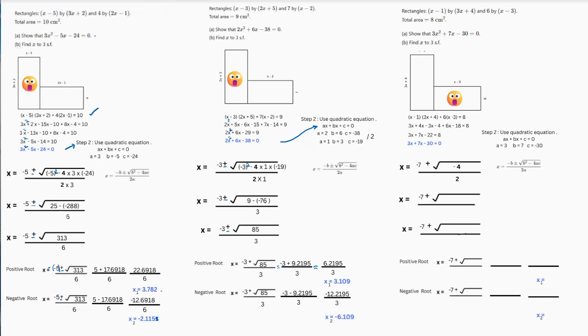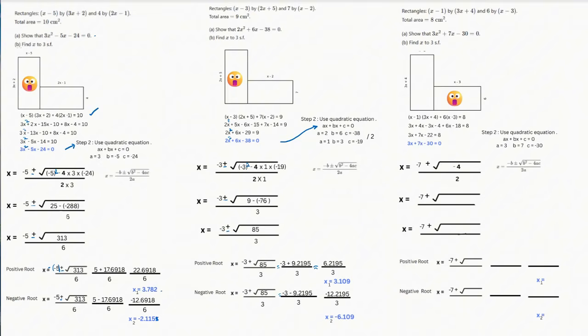And our answer is 3.109. Now let's do the negative root. Minus 3 minus 9.2195, because we're looking at the negative root. And you should get minus 6.109. Okay, so you should get that answer.